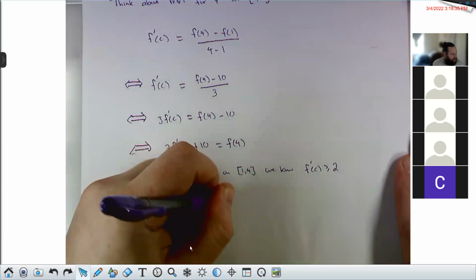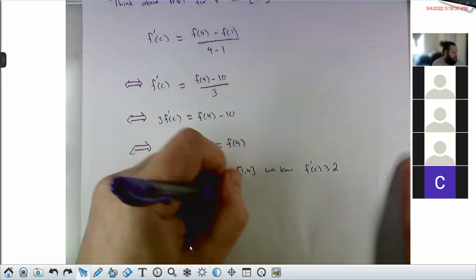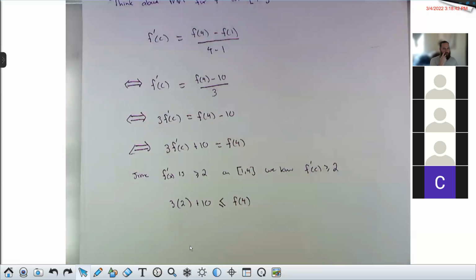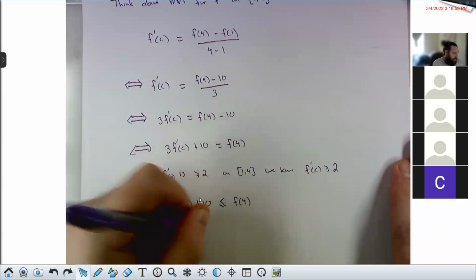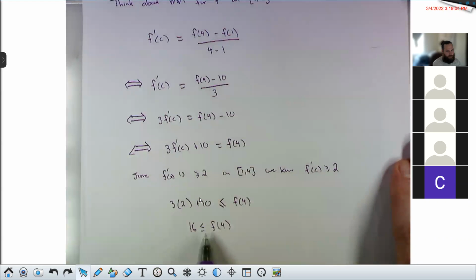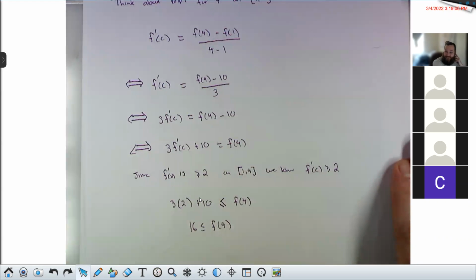So this is less than or equal to f of 4. f of 4 could be bigger, but it can't be smaller, because f prime is going to be at least equal to 2. Now 3 times 2 plus 10 is 16. So 16 is less than or equal to f of 4. In other words, f of 4 has to be at least as big as 16.